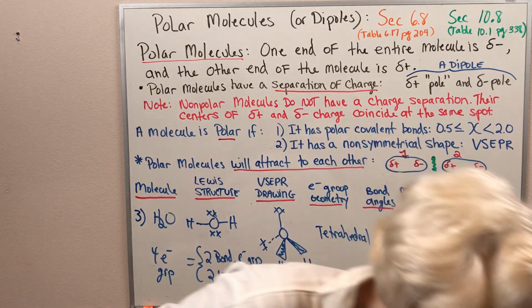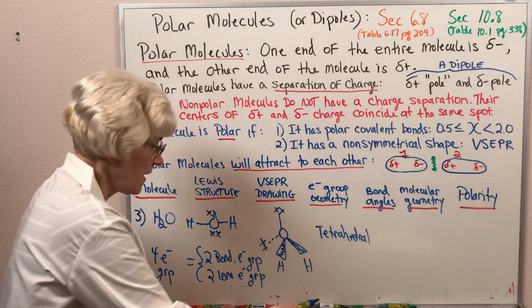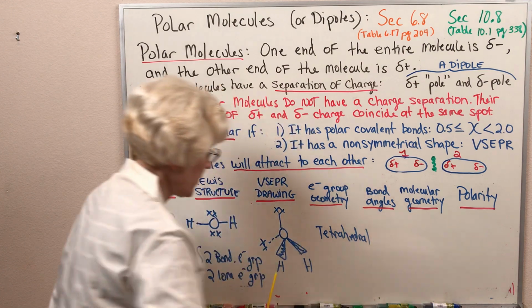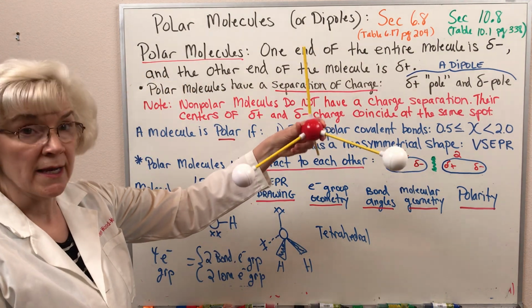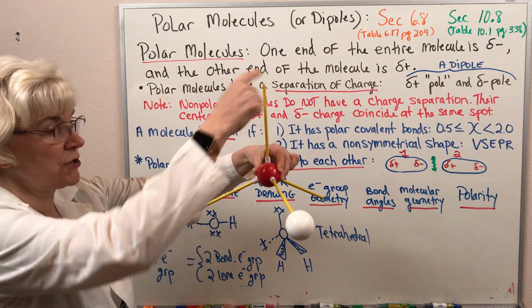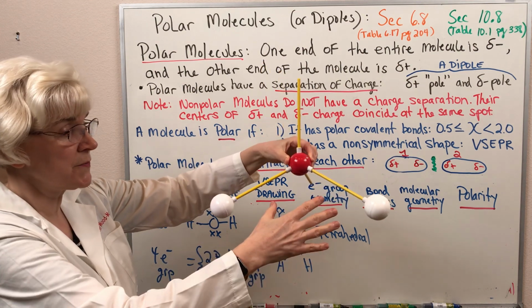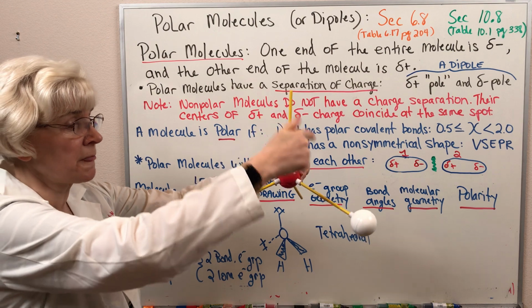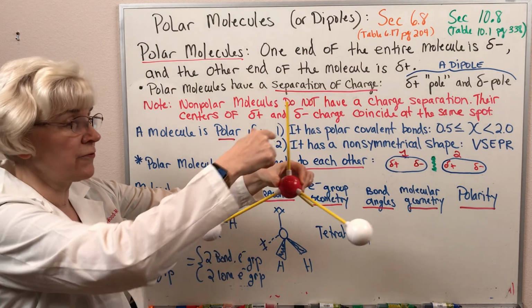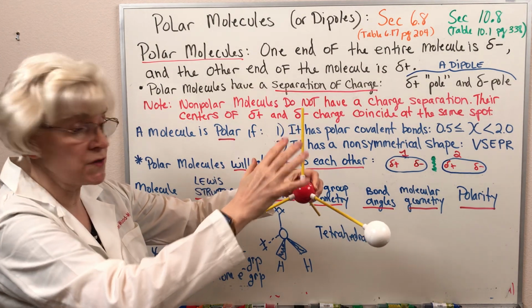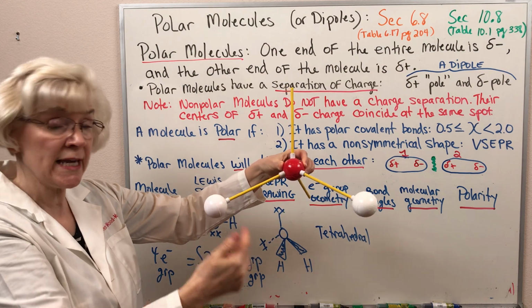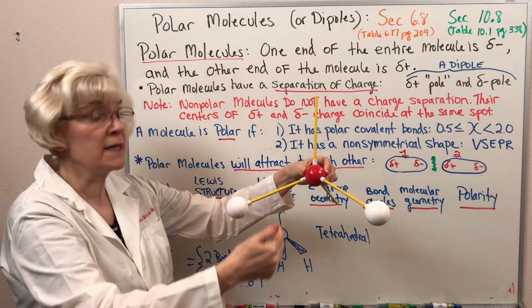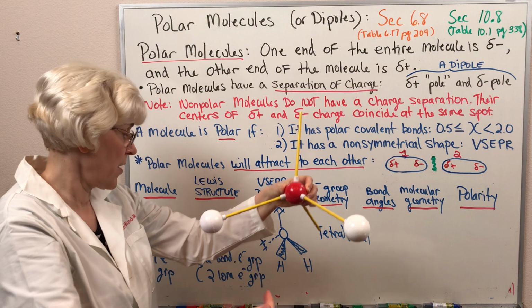Let me pull up my model of water here for you to look at, right? We see that we have 2 lone electron groups, and then we have 2 bonding electron groups, but those total of 4 electron groups assume the same tetrahedral shape that we've seen in both methane and ammonia.